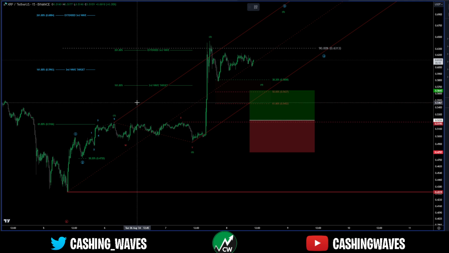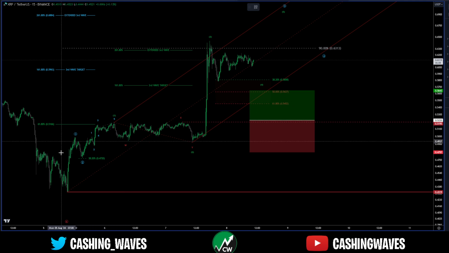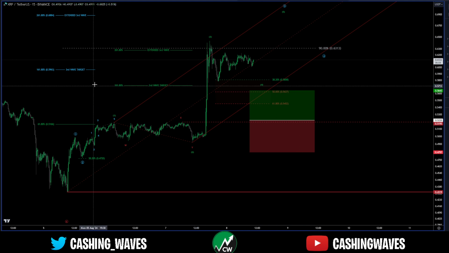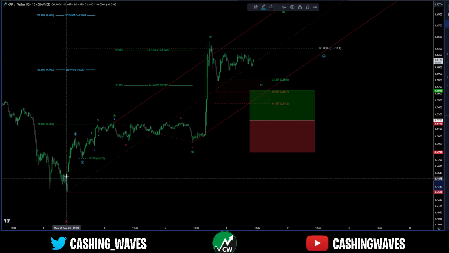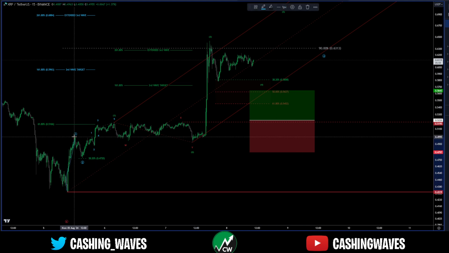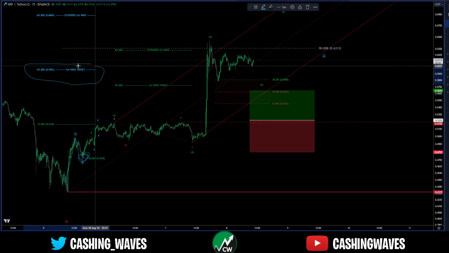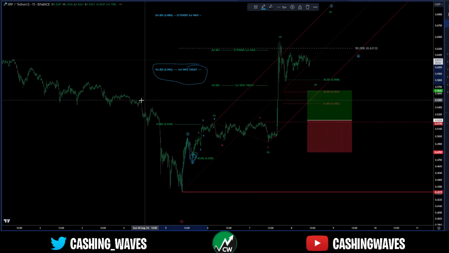So it looks like we possibly could be getting an extended third wave in blue. As you can see, we took the extension of the beginning of our wave 1 off the top of wave 1 off of wave 2 in blue. We look for our third wave at the 1.618, just like we did over here.